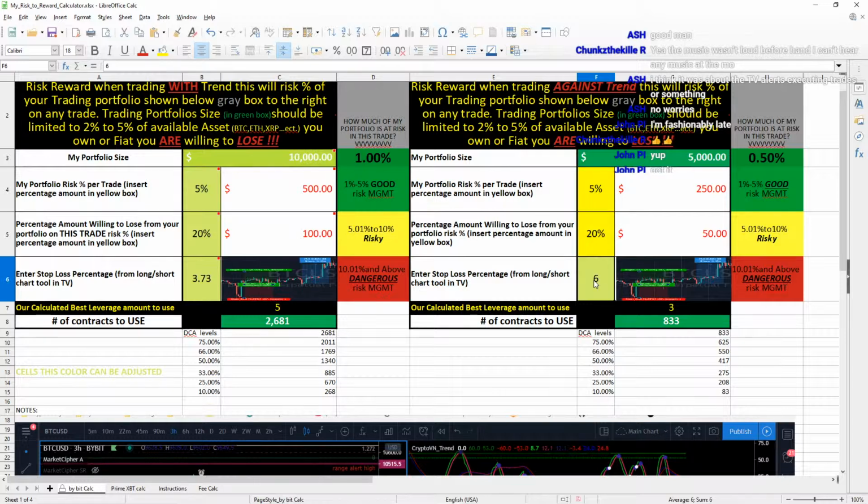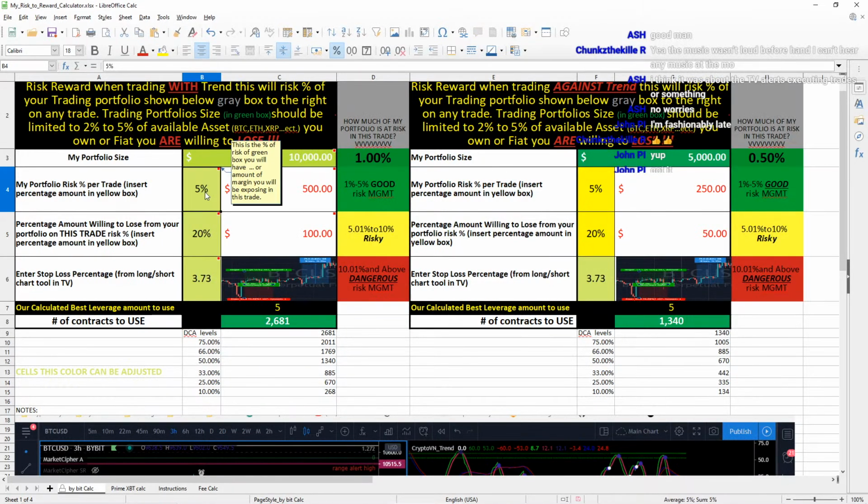And this box right here, let's say it was the same trade and it's against the trend, you would actually put the percentage over here. You can have this totally different, whatever you want to do on that. Everything else, you can change this box, this box, this box, this box, and this one.